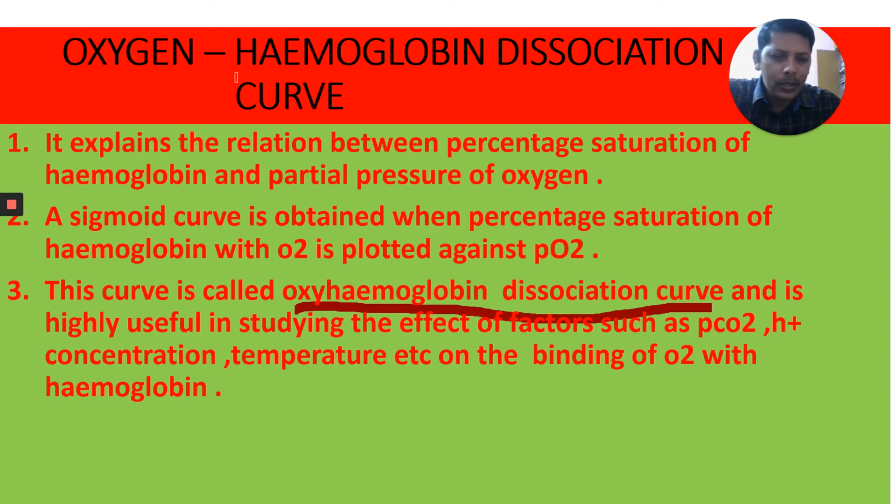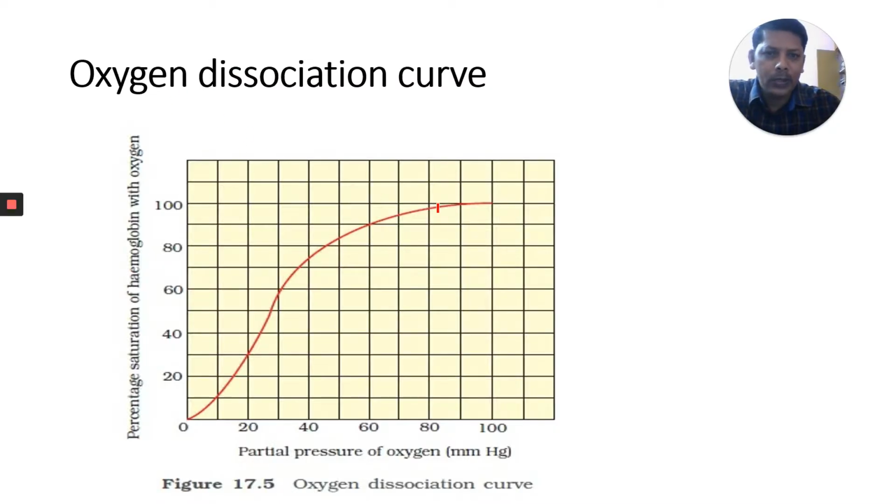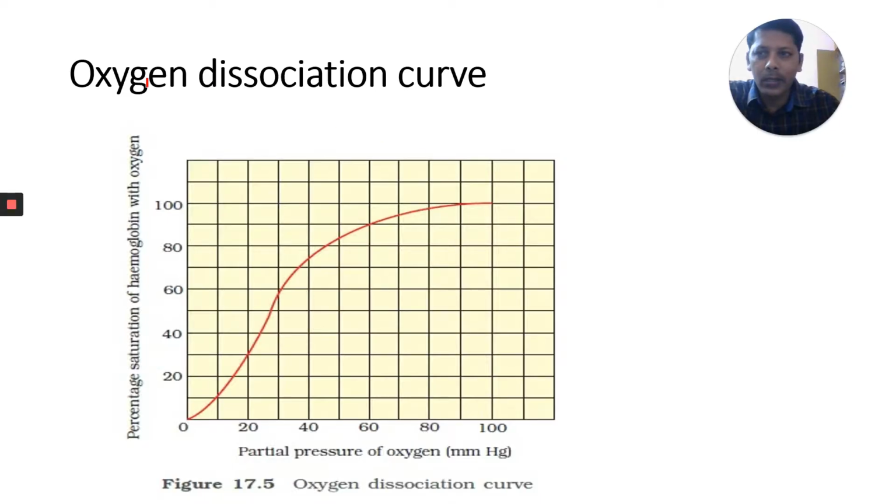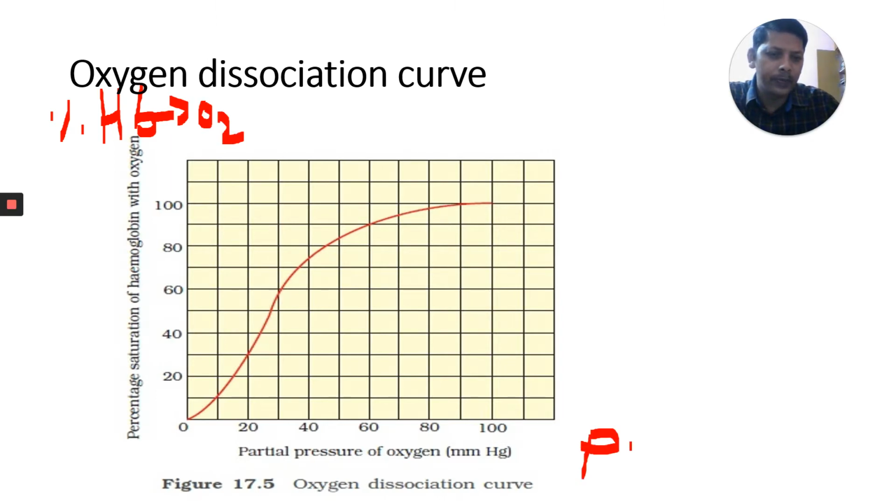What does this curve explain? This curve explains the relation between the percentage saturation of hemoglobin with oxygen and the partial pressure of oxygen. What do you mean by percentage saturation?